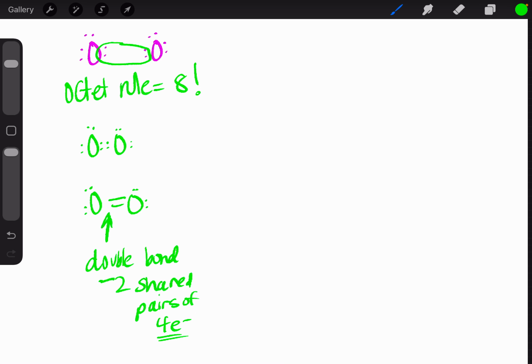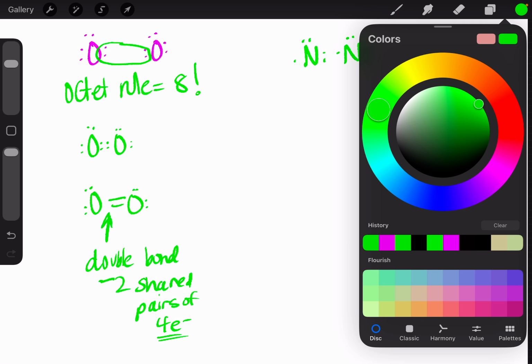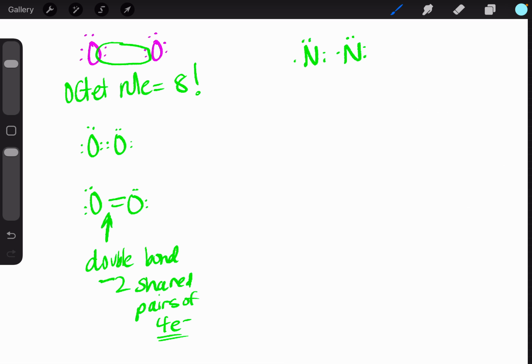Okay, let's do nitrogen. Nitrogen has 1, 2, 3, 4, 5 valence electrons. So if I'm going to do my rough sketch, I know that I'm probably going to need to be sharing 3 pairs, right? So I'm going to share a pair, share a pair, and share a pair.